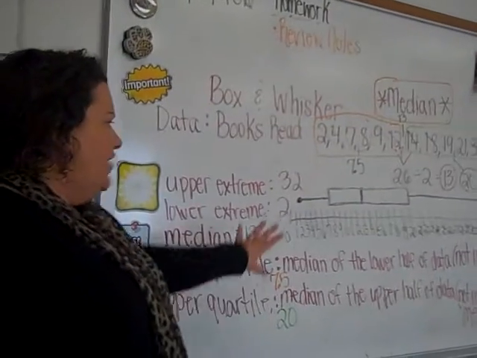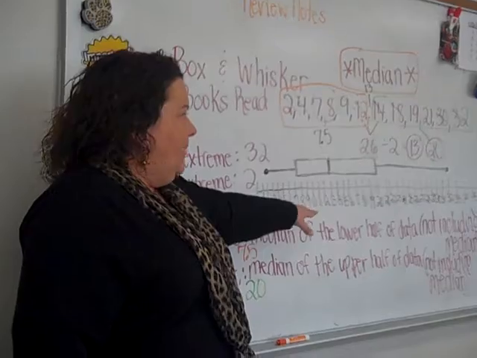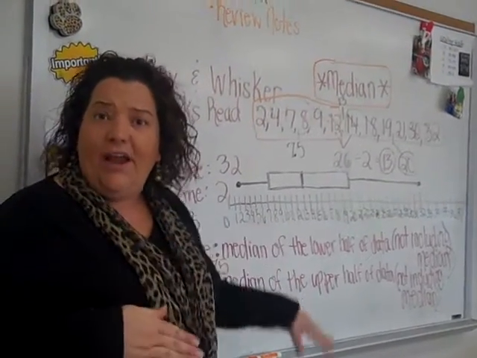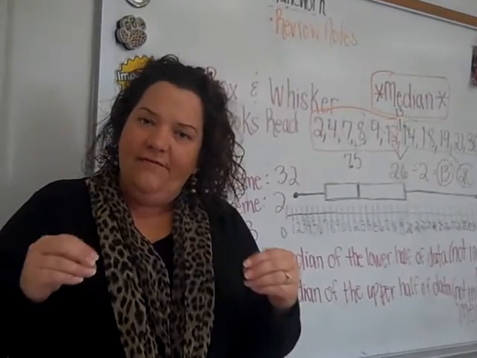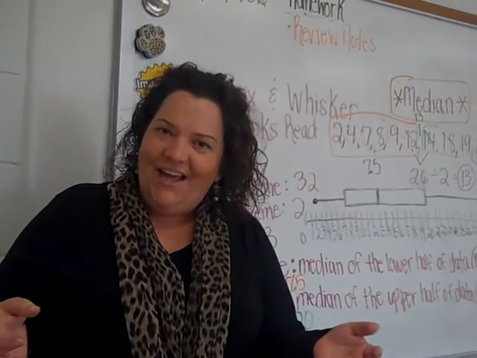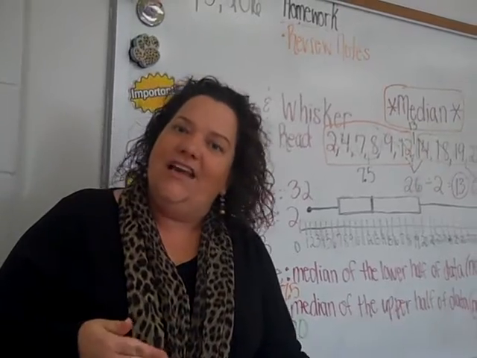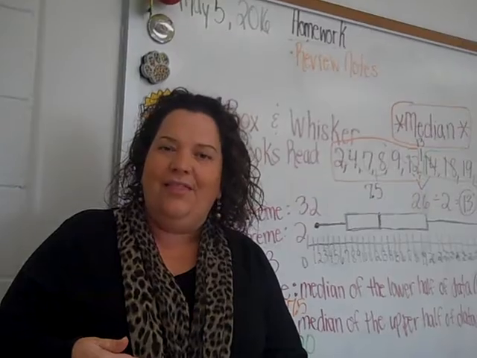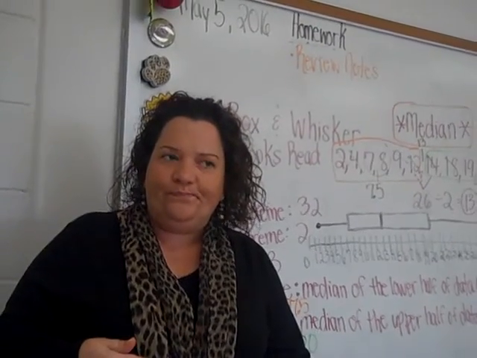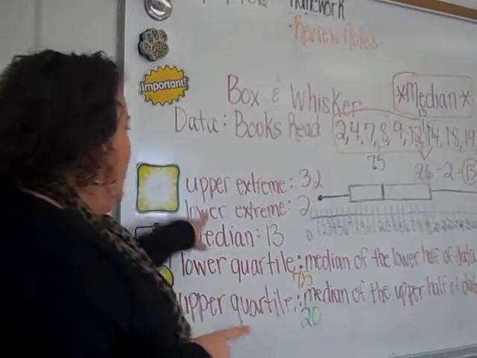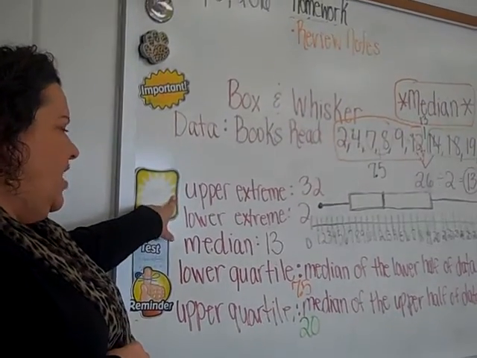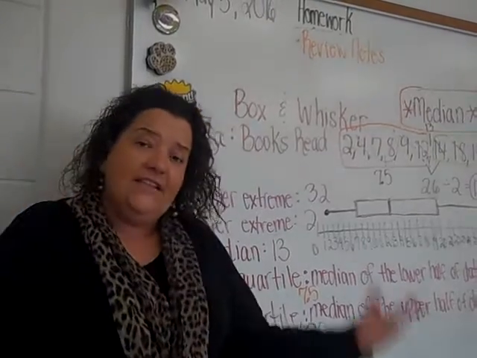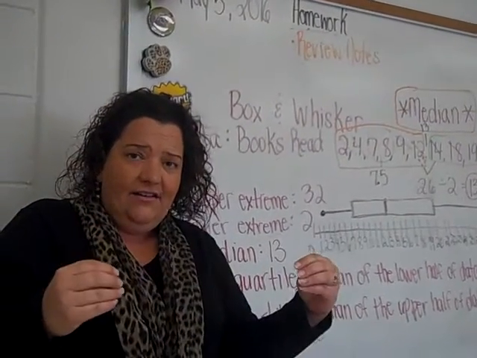I don't want you to worry about the box and whisker plot yet. Please copy what's in red first, and then we'll take that information and apply it to our box and whisker plot. The first vocabulary word is upper extreme. The upper extreme is the greatest value in our set of data.